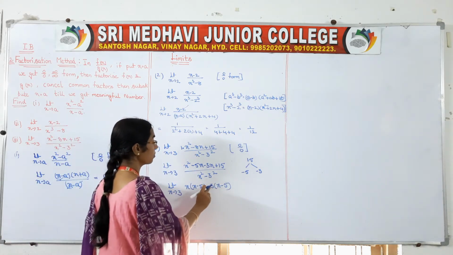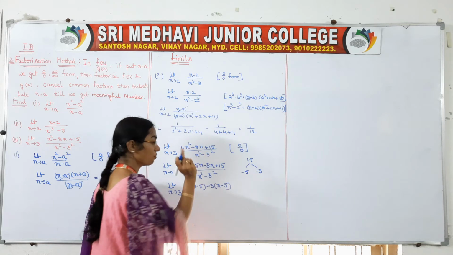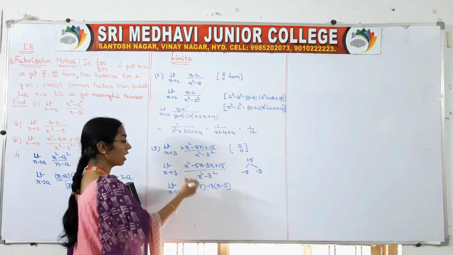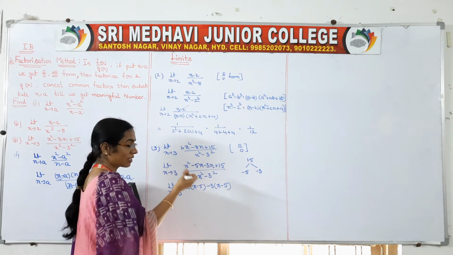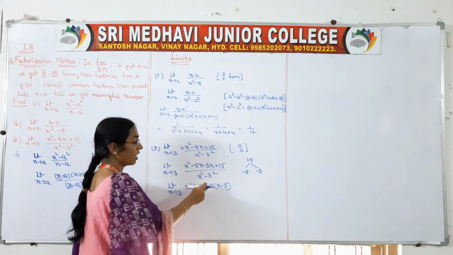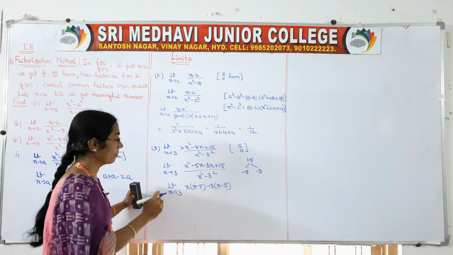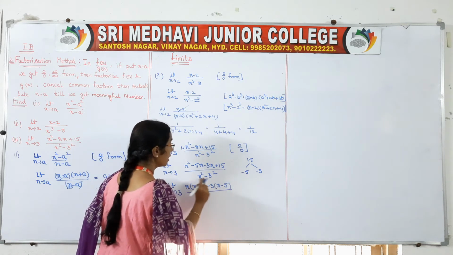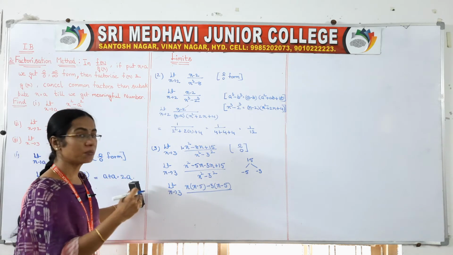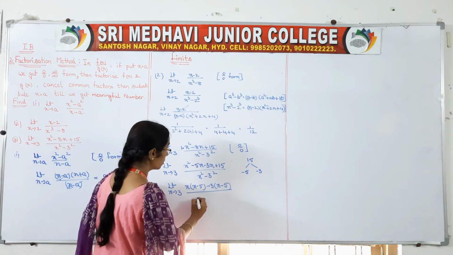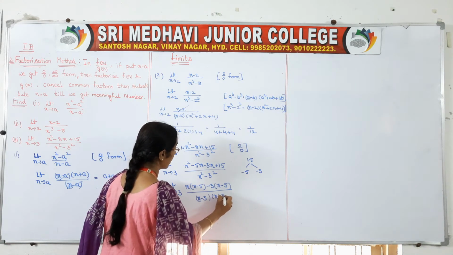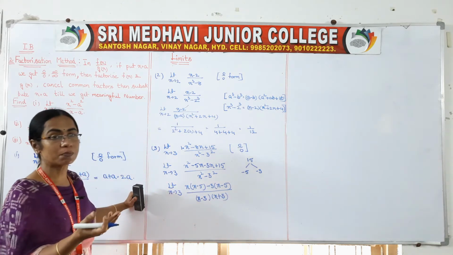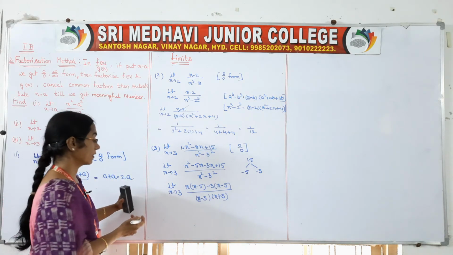Isn't it? Minus of minus is plus, 3 fives are 15. So this term should come again, that's why we have to take minus 3 common. Here a square minus b square is in the form a plus b into a minus b. So x minus 3 into x plus 3. A plus b into a minus b or a minus b into a plus b, both are the same.